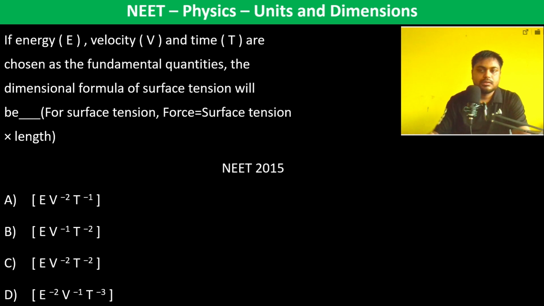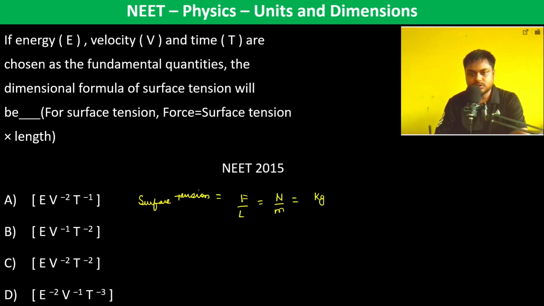Thank you. If energy, velocity and time are chosen as the fundamental quantities, the dimensional formula of surface tension will be, so surface tension is force per unit length. Surface tension is equal to force per unit length, which is Newton per meter, that becomes kg m s minus 2 by meter.